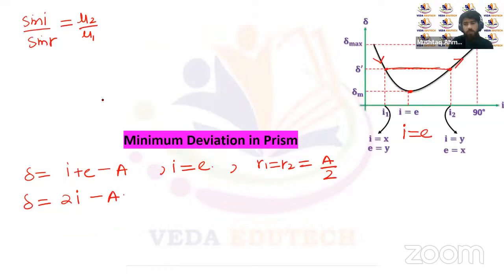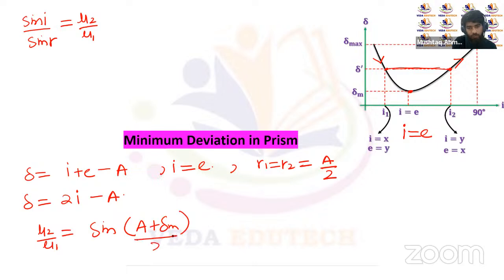Now using R1 equal to A by 2 and R2 also equal to A by 2, we get the relative refractive index, mu 2 upon mu 1, which is sine of (A plus delta minimum) upon 2, divided by sine of A upon 2. This is the refractive index for the minimum deviation.